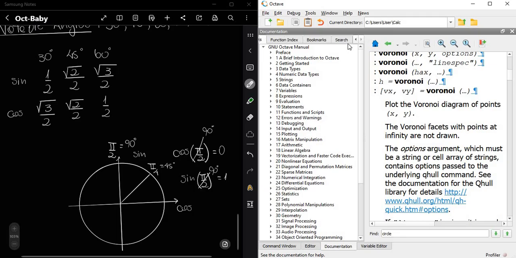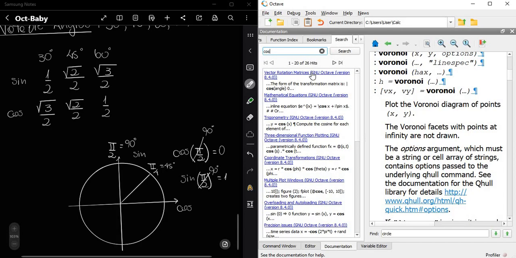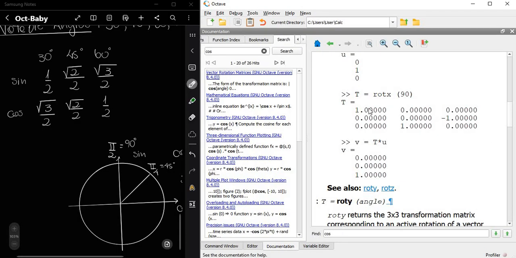Right here we can do searches. Let's search for cosine, the cosine function, just cos.